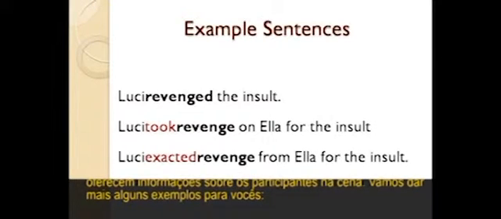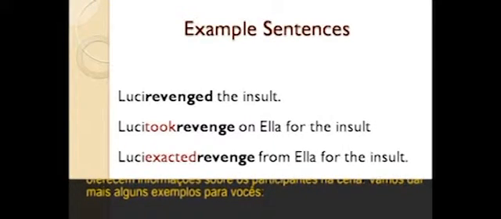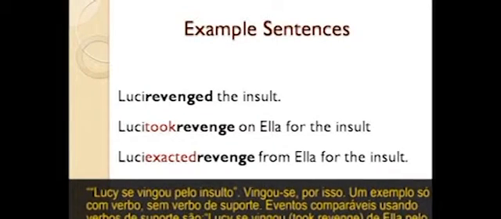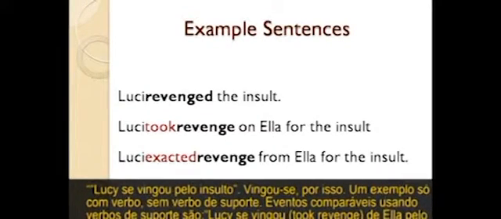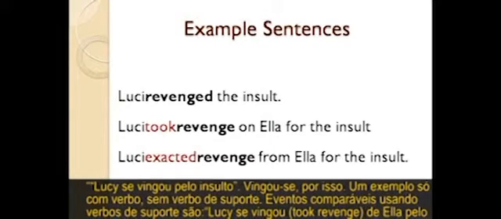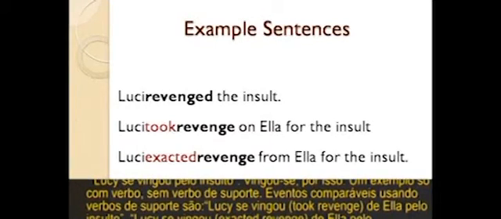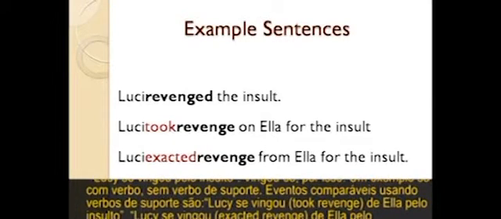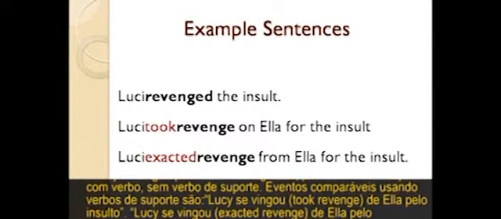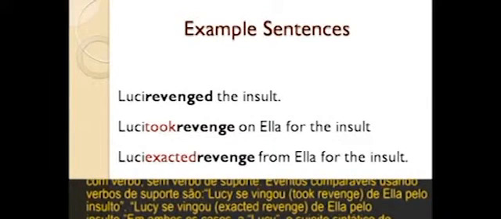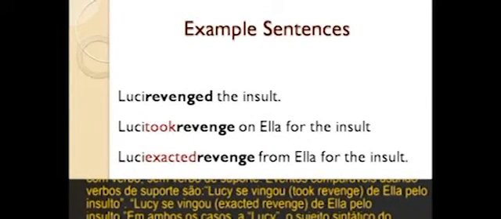Let's look at a couple of examples. Lucy revenged her being insulted would be just with the verb. An example just with the verb, no support verb. Comparable examples using a support verb are Lucy took revenge on Ella for the insult.